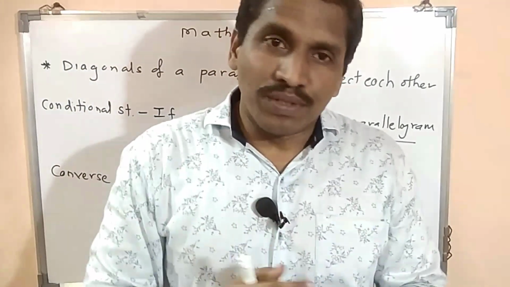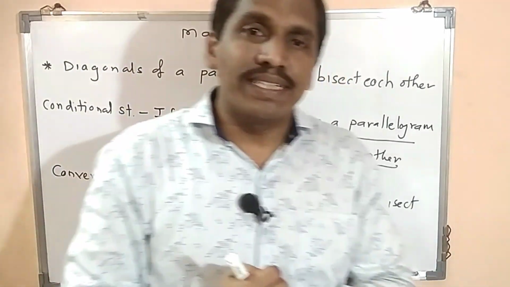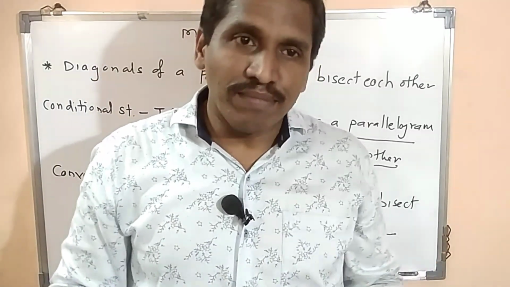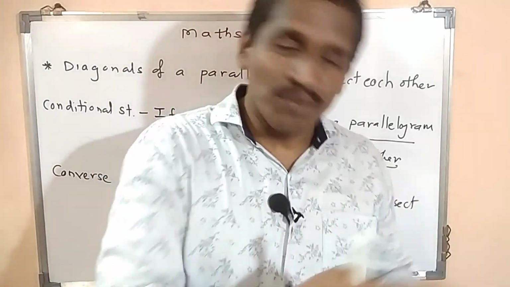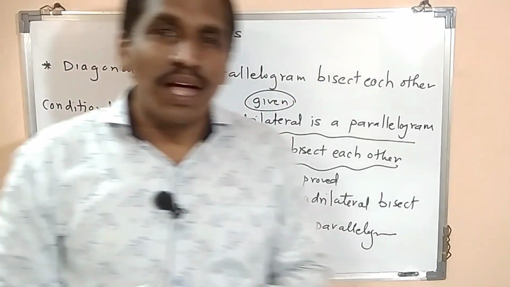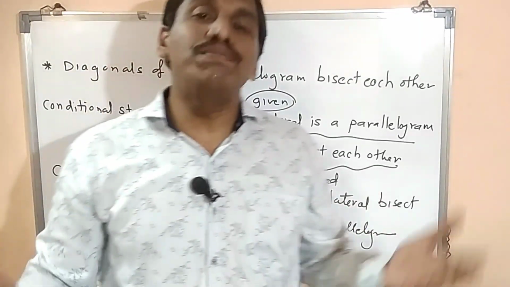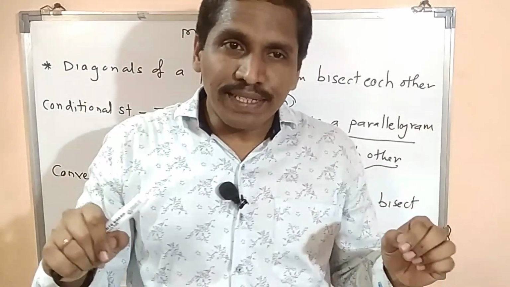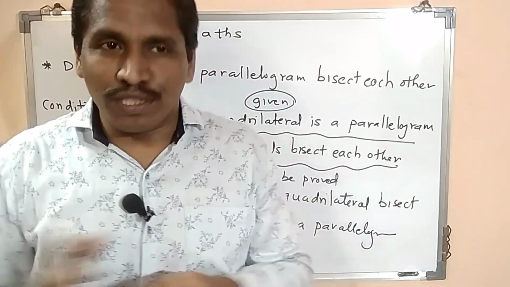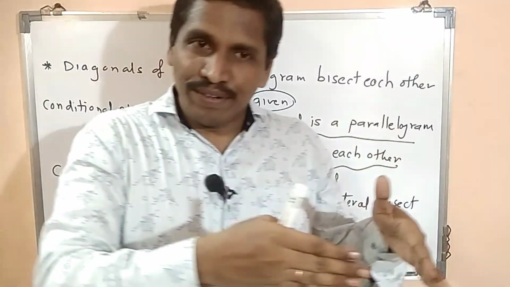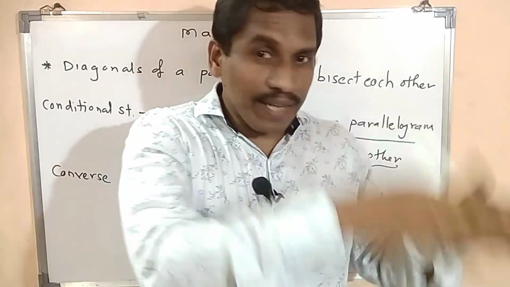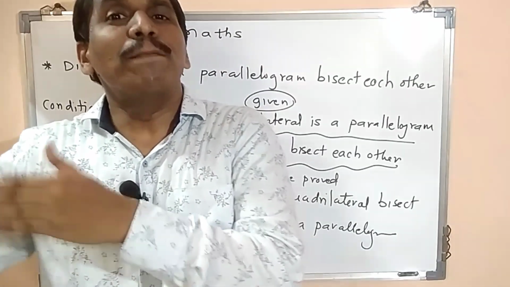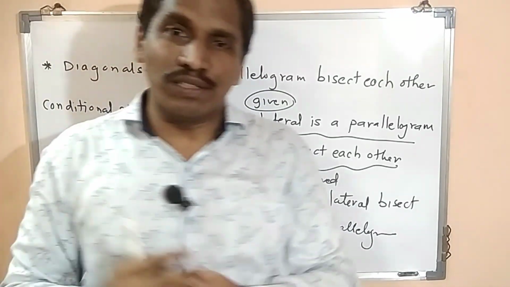Statement is true. It doesn't mean that its converses are true. Sometimes converses are true, but sometimes converses may not be true. We'll take an example. Diagonals of kite are perpendicular to each other. If quadrilateral is kite, its diagonals are perpendicular to each other.